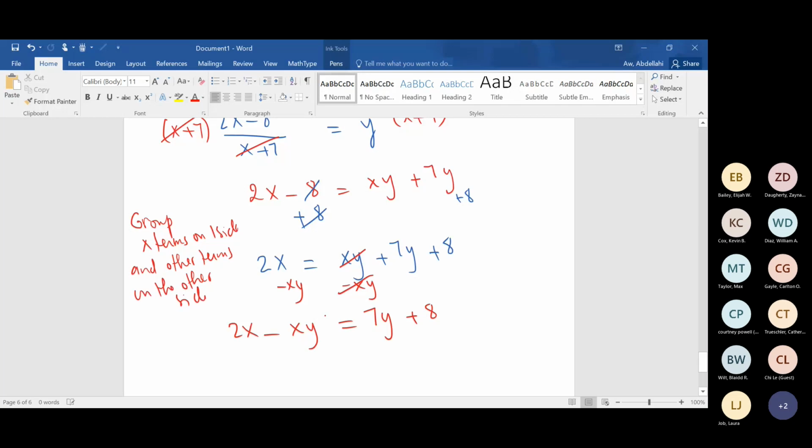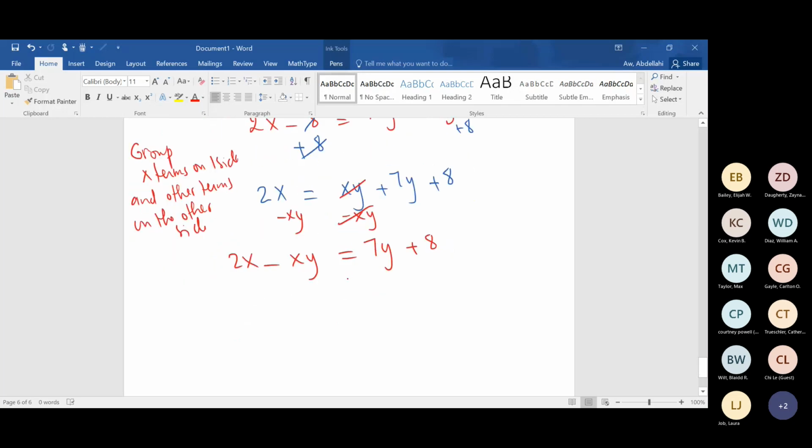Okay? Now comes the crucial step. What are you going to do next? Remember, you want to have x by itself. Now divide by 1? Not yet. I have two terms with x, right? The division will be the last thing to do.